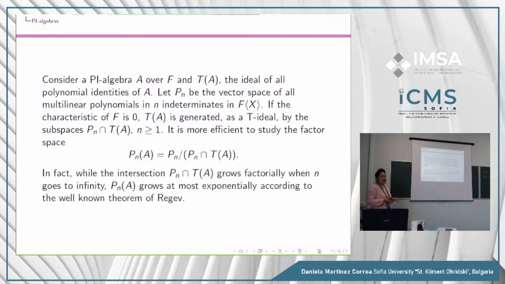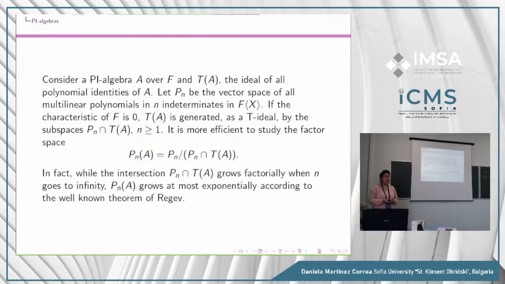We study this quotient. Why? Because the dimension of this quotient grows almost exponentially, but the dimension of this intersection grows factorially. So it's more efficient to study this space than this.